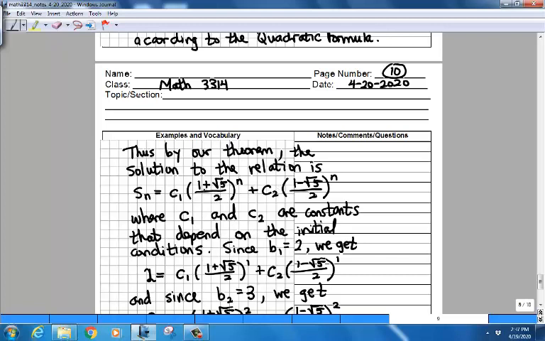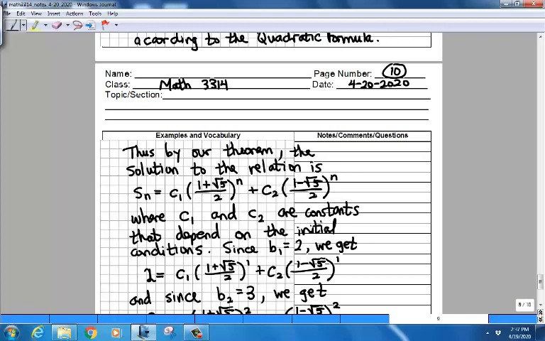here is what our non-recursive version of our recurrence relation looks like. It's going to be S sub n equals some constant c1 times our first root, (1 plus the square root of 5) over 2, raised to the nth power, plus some constant c sub 2 times our second root, (1 minus the square root of 5) over 2, raised to the nth power.